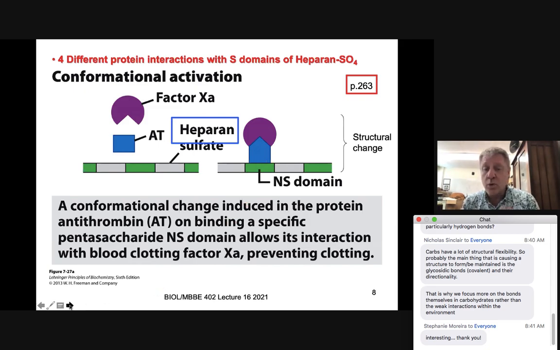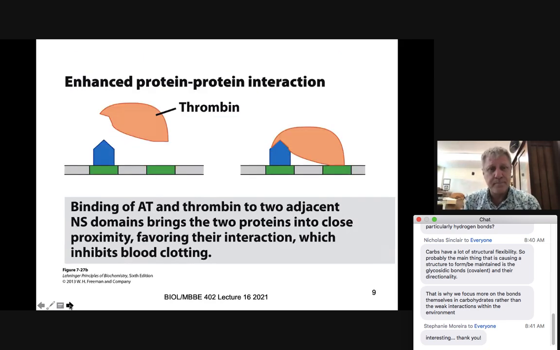But that's all coordinated by those heparan sulfate domains and how that protein binds, because the negative charge on those heparan sulfates is going to bind to the antithrombin and cause this configurational change based on the charge distribution, which is now being compensated by binding to the NS domain. So we can see this enhanced protein-protein interaction also with thrombin, which is another part of the blood cascade system.